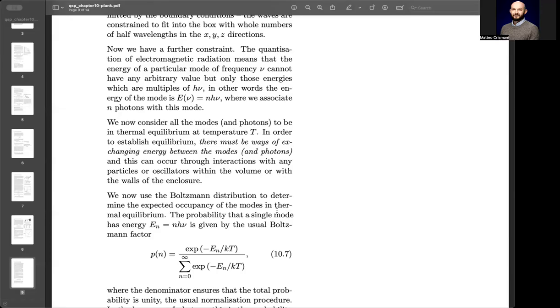Now, if you're not familiar with the Boltzmann distribution, this is certainly something that you'll see in your statistical mechanics. Essentially, it's a probability. For example, let's say we want to talk about the probability of two heads if I flip two coins. Okay, so here's a coin and here's another coin. In order to find the probability of getting two heads, that's the state that I want to understand.